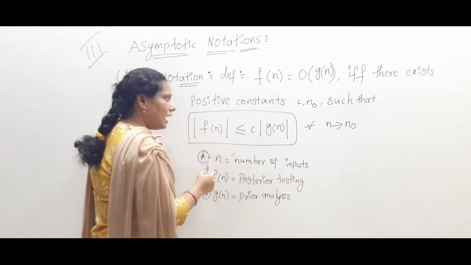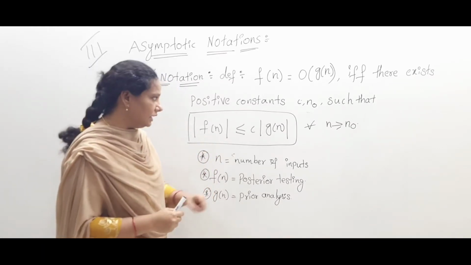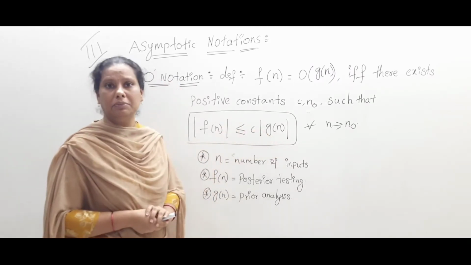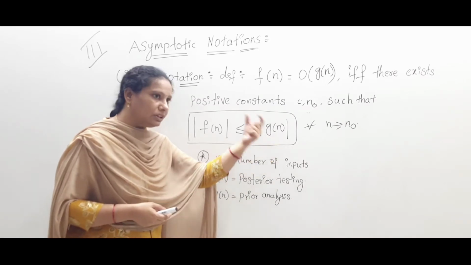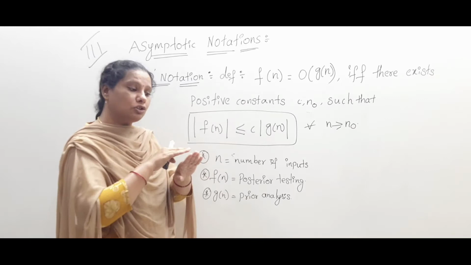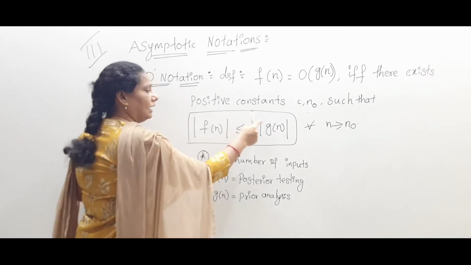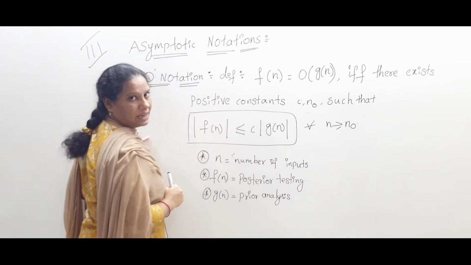It means I will take the worst case. I am writing the maximum time here, so that when I implement that program, the program is going to be completed either equal to this time or less than this time.